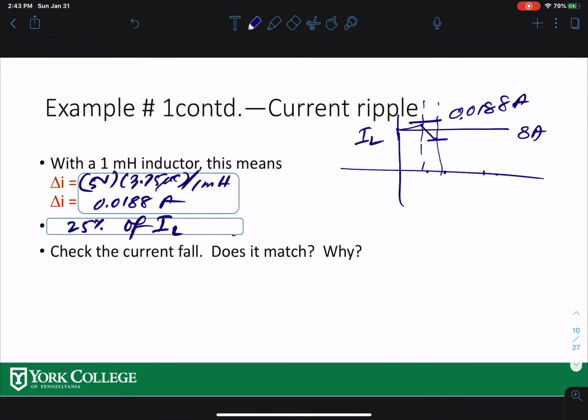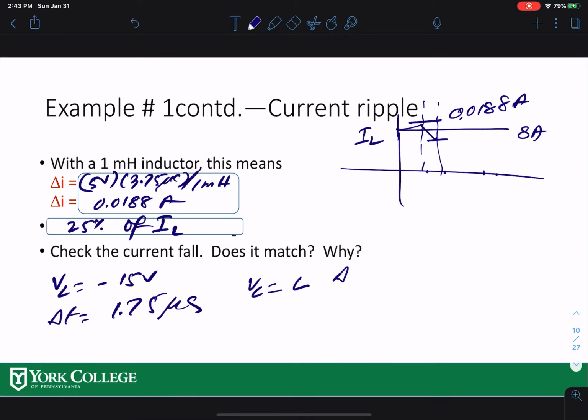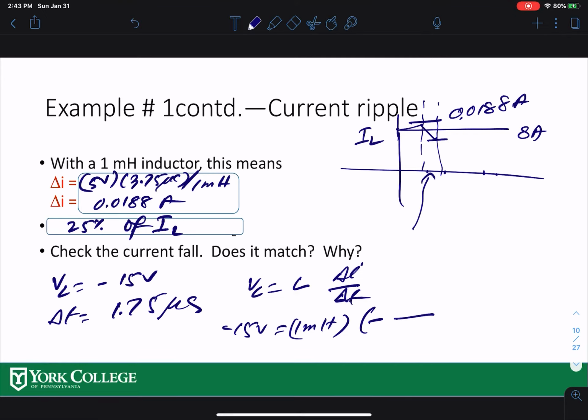And you can check the same answer for the period when switch 1 is off and 2 is on, when the inductor is discharging. In that period your VL is negative 15 volts and your delta T is 1.25 microseconds. Using VL equals L di/dt, it's negative 15 volts, L is 1 millihenry, and this is negative because the current is now decreasing, so your slope is negative.